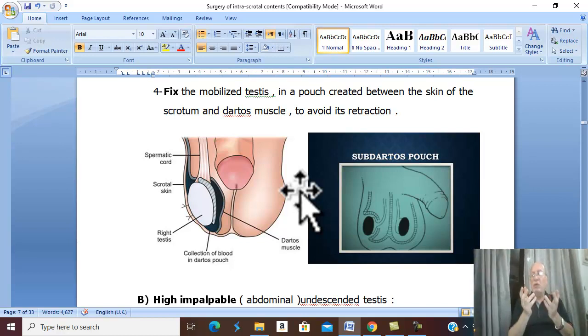Since it is low in the neck of the scrotum or the external ring, give the testis a chance for 6 months, as spontaneous descent of the testis may occur to the bottom of the scrotum.